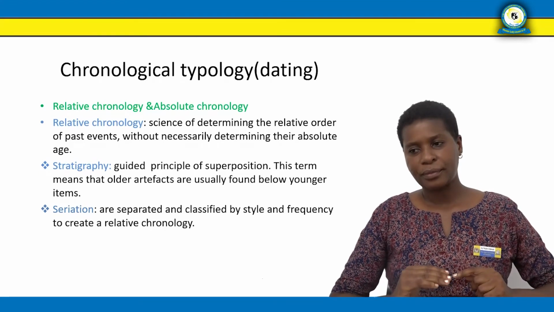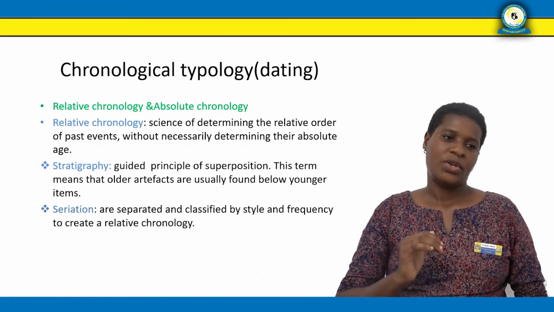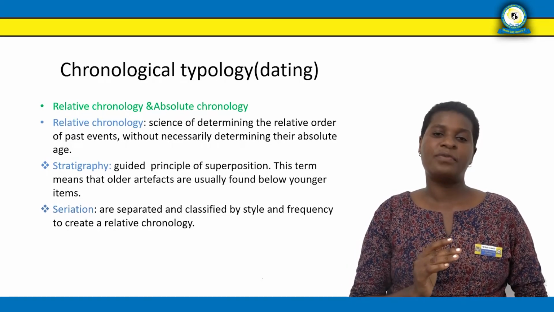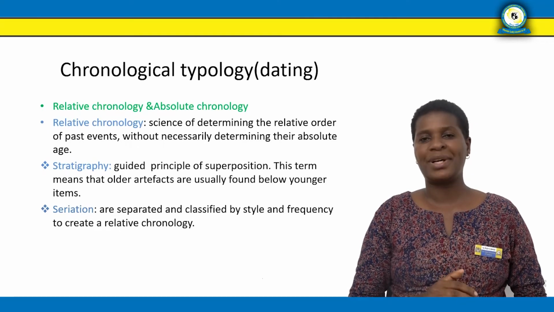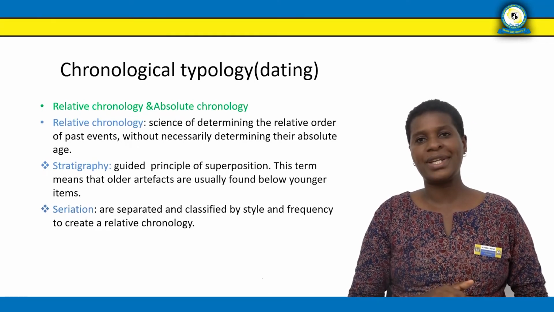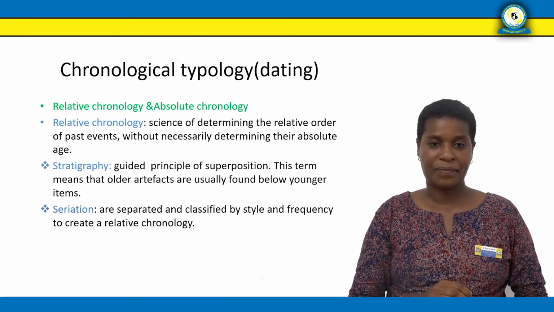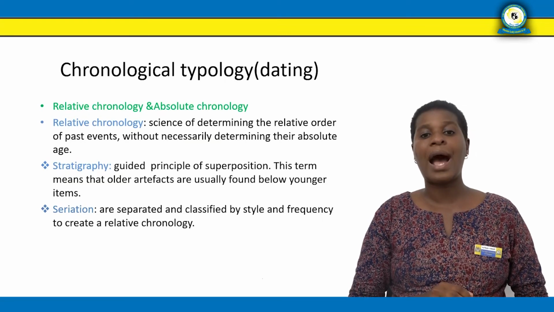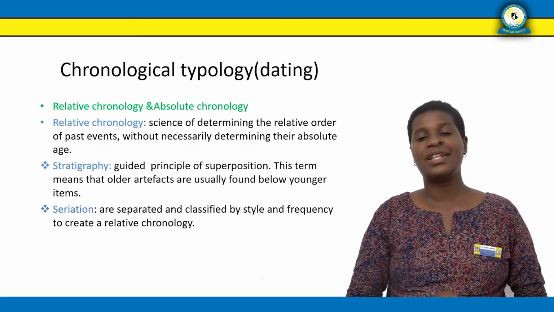When you are analyzing or interpreting the archaeological materials, there are two ways involved when you want to establish the chronology or the date of the materials. So archaeological dating can be done either through the relative method, relative chronology or relative dating, and also absolute chronology or absolute dating. So what is relative chronology or relative dating?